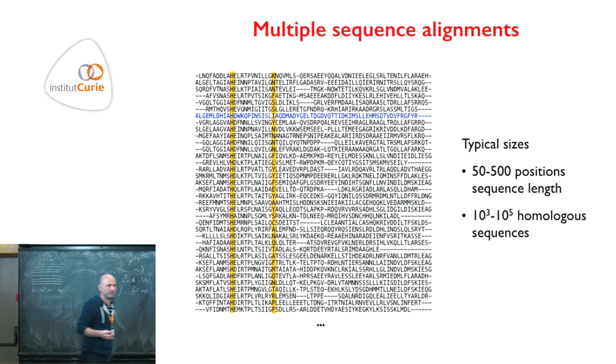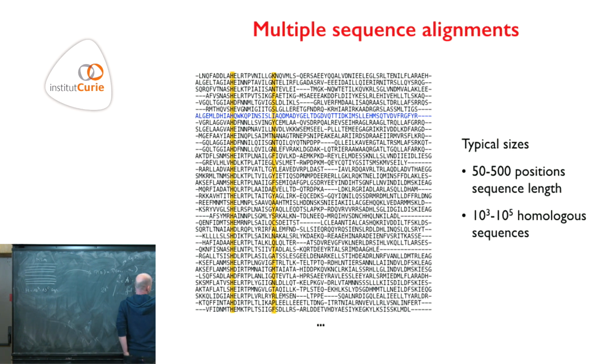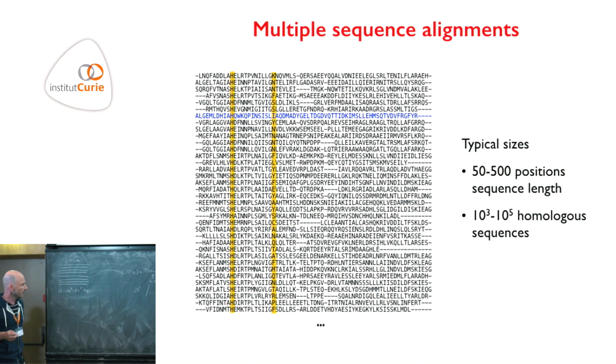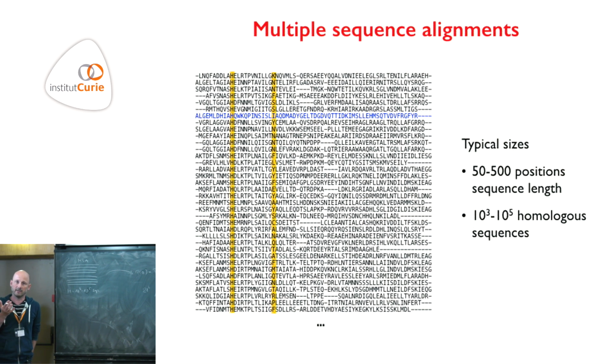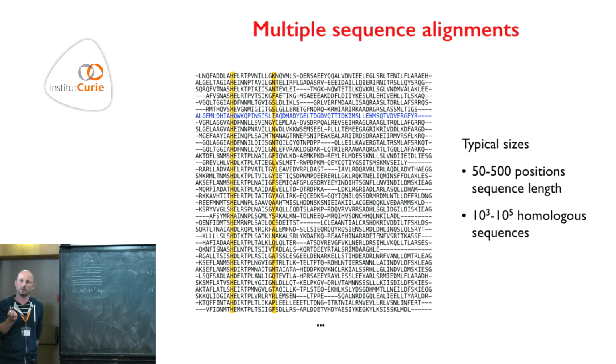I'm not sure how reliable these estimates are, but they are something like 10 to the 0.4 L, which is basically 2.5 amino acids possible per position instead of 21. So this is still a huge number.